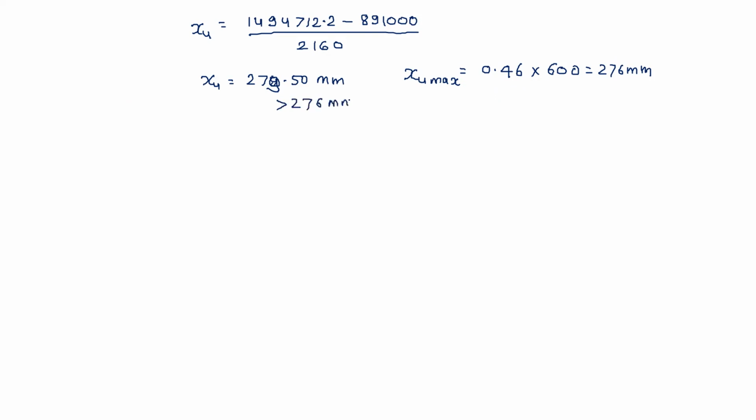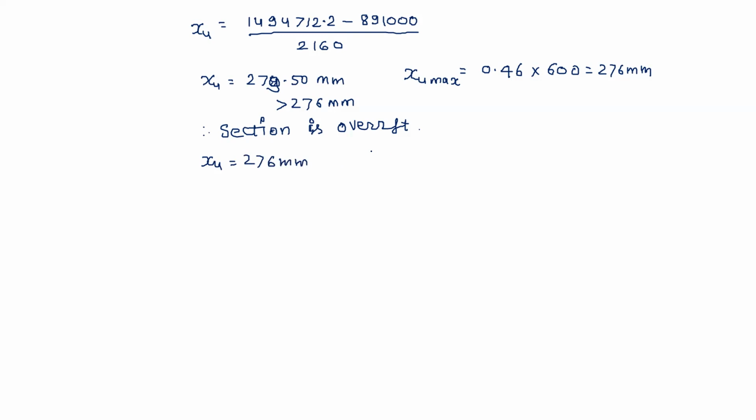So we have an over reinforced section. Therefore the section is over reinforced, and this is not allowed. Therefore we have to take xu equal to 276 millimeters.